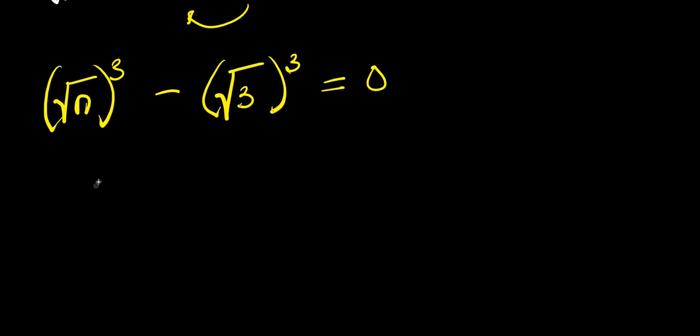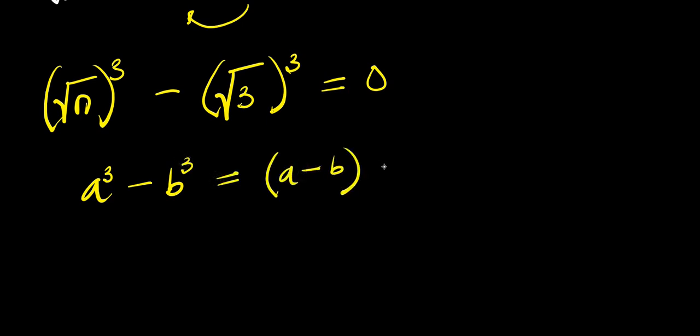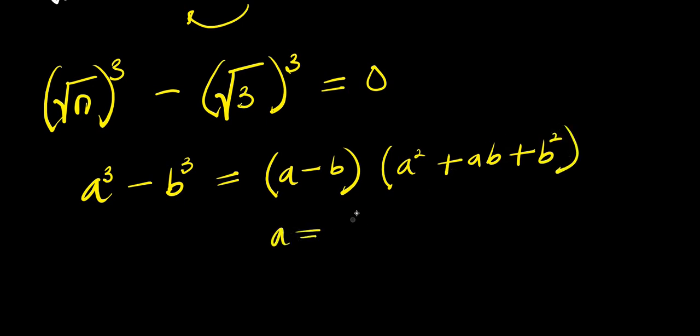Now, if you have a power 3 minus b power 3, this equals a minus b times a squared plus ab plus b power 2. And my a is square root of n, and my b is square root of 3.